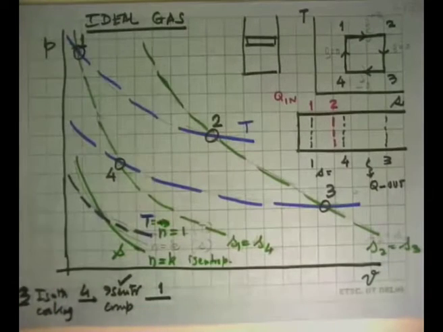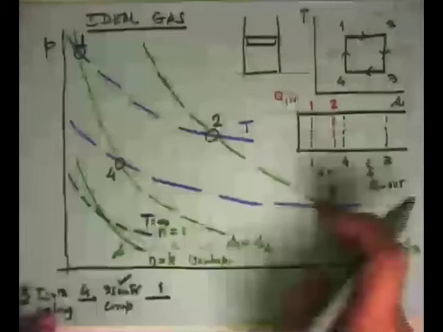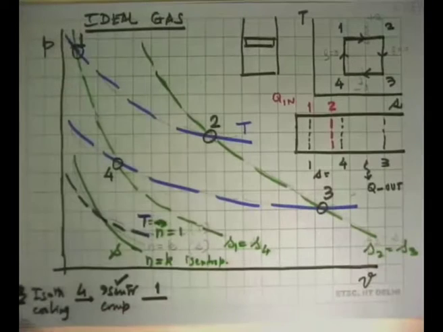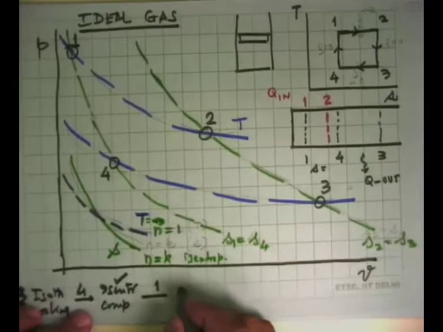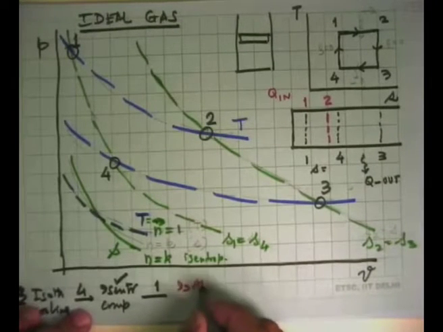So you are expanding the piston while at the same time trying to heat it up. Same problem as 3 to 4, where while compressing it, you are trying to cool it. That little piston that we have, say in a motorcycle or a car, it's just not possible to do that type of heating or cooling in a very short time. But isentropic compression is followed by isothermal heating.